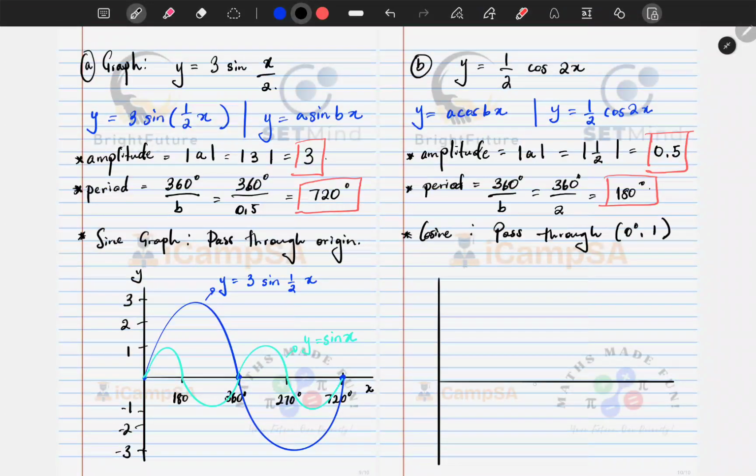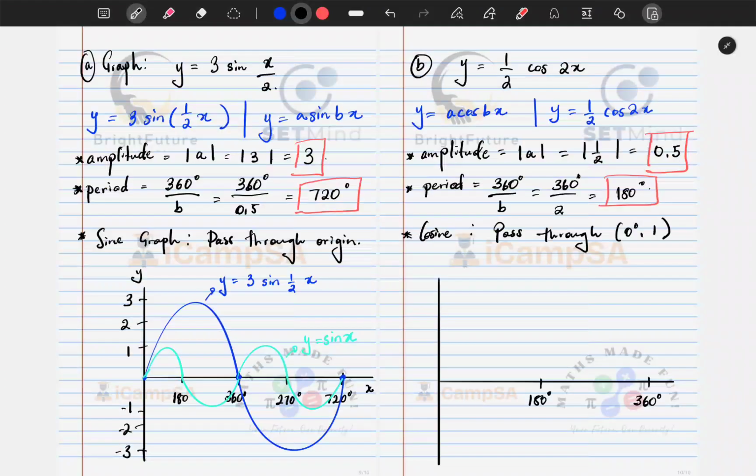So here I can simply have my 180 degrees, and then I have my 360 degrees, right? So I will have my 180 and I will also have my 360 degrees, right? So let's see how we can draw that.